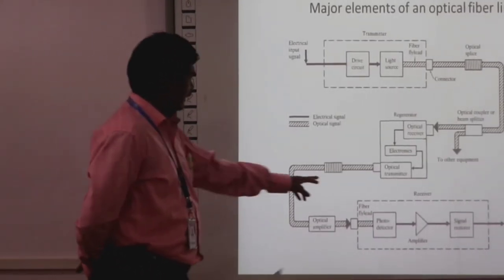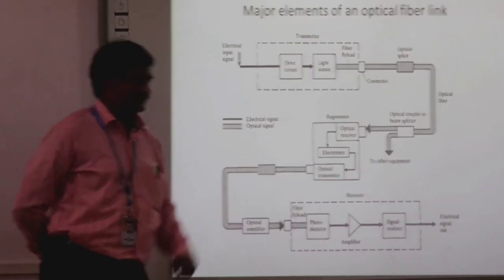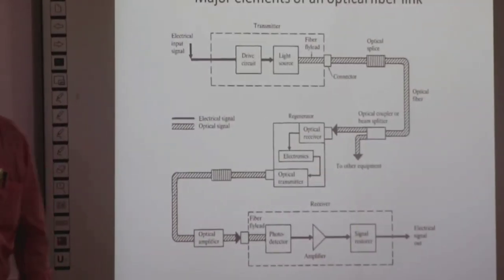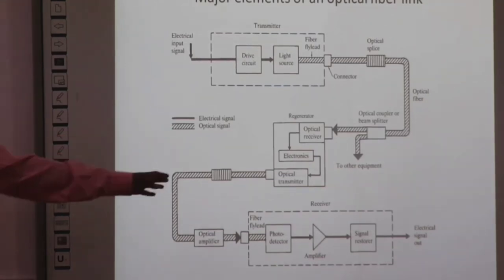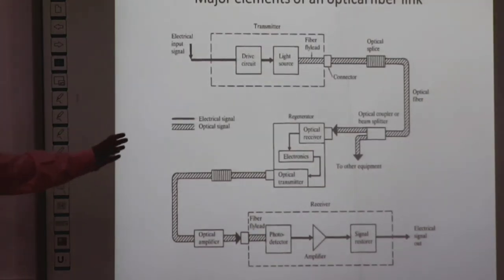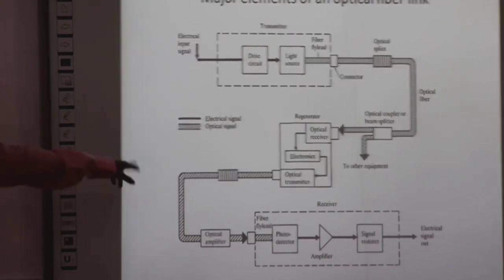and while carrying out long distance communication, you need a regenerator where you have an optical receiver and some amplifier, and again a transmitter is required. Again the optical power is coupled into the fiber.